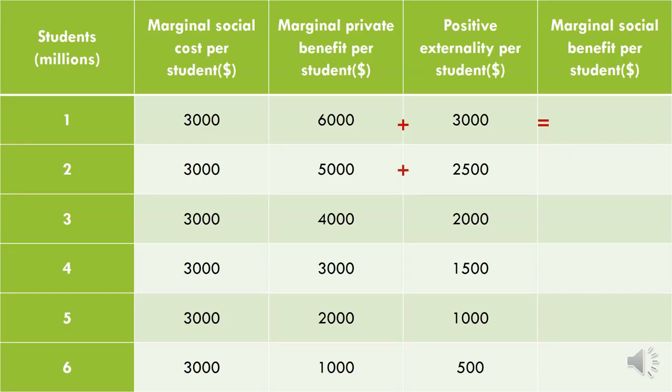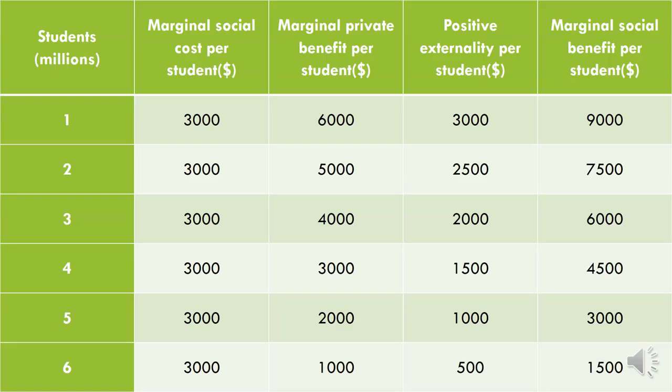And again, it's the same story for 2 million, the second million student being engaged in education, and so on and so forth. So it's pretty easy to calculate the overall marginal social benefit per student of education at all the different levels of enrollment that we could imagine.